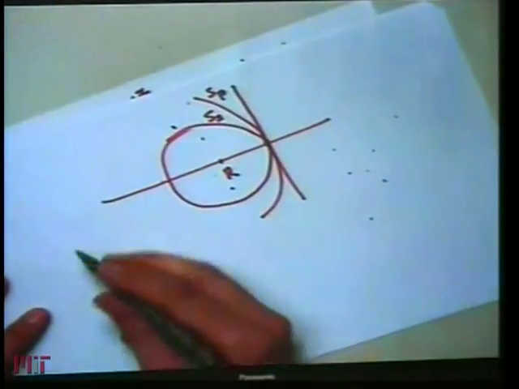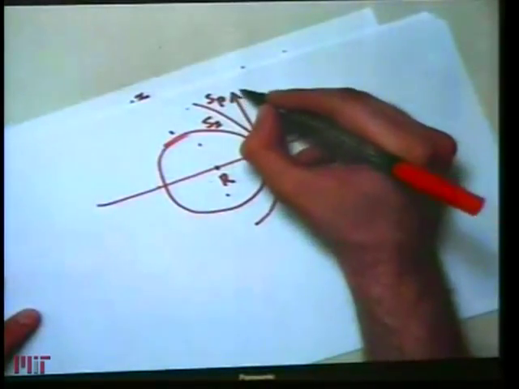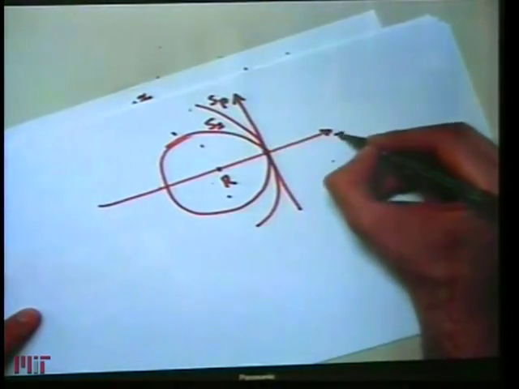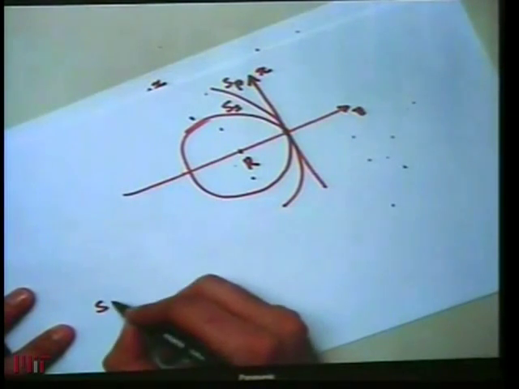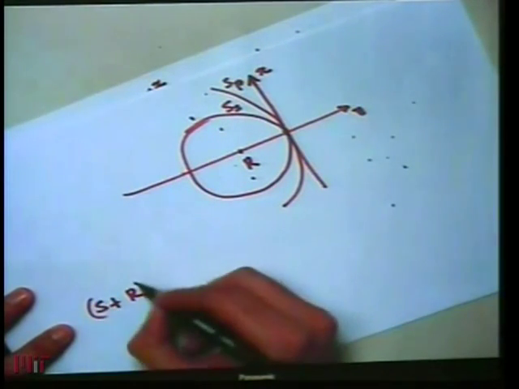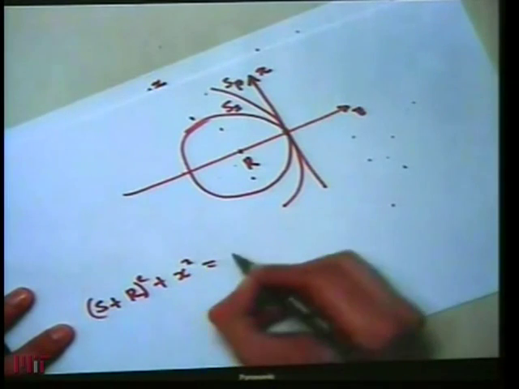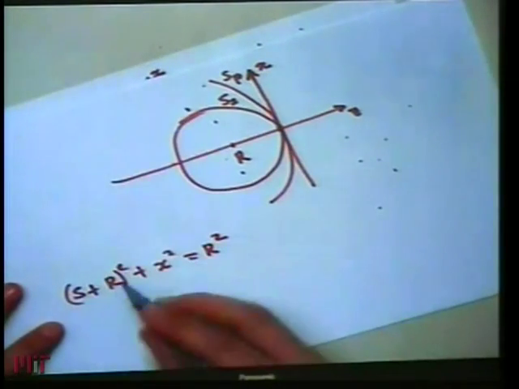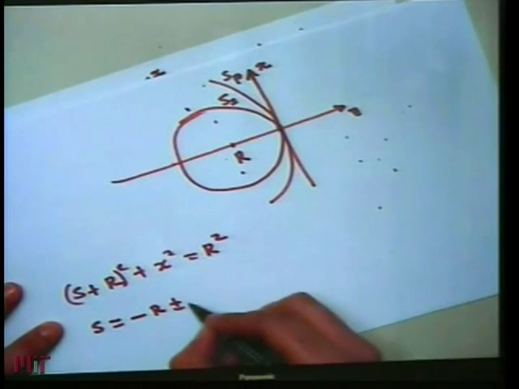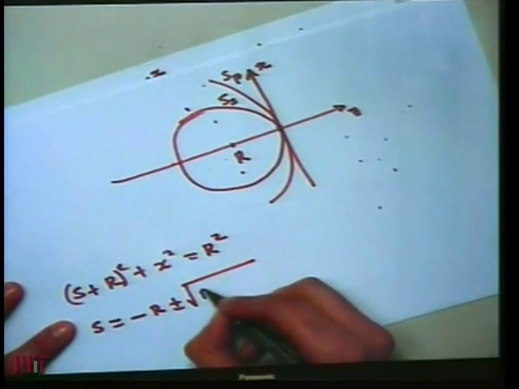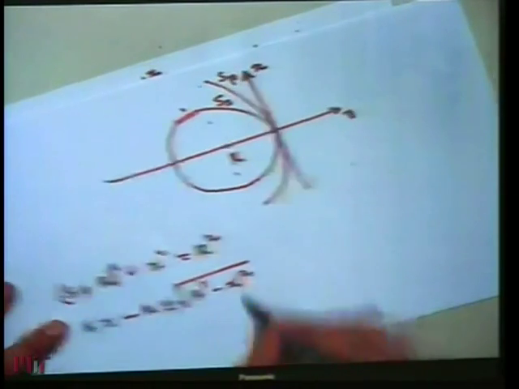And of course it should be S plus R squared plus X squared equals R squared. So then this means that S equals minus R plus or minus the square root of R squared minus X squared.